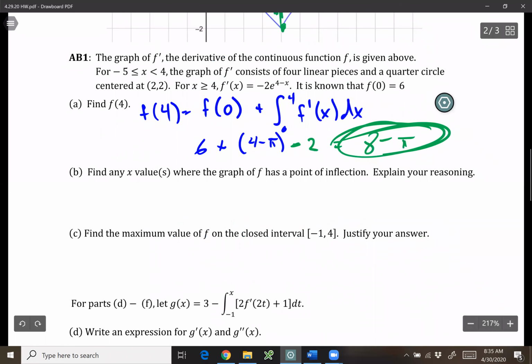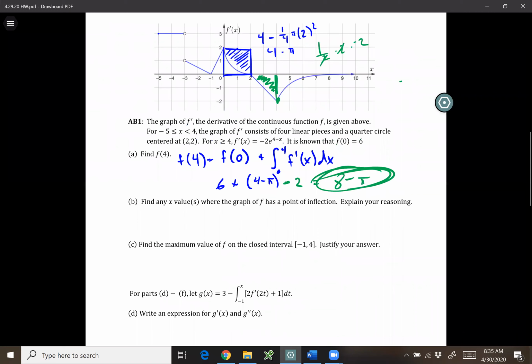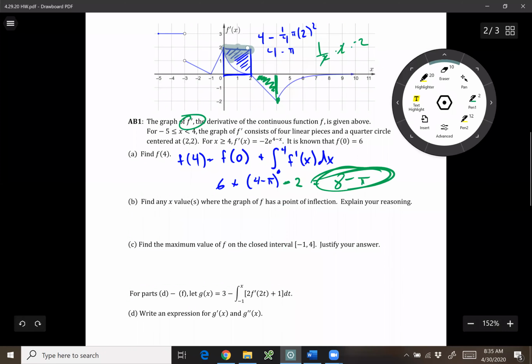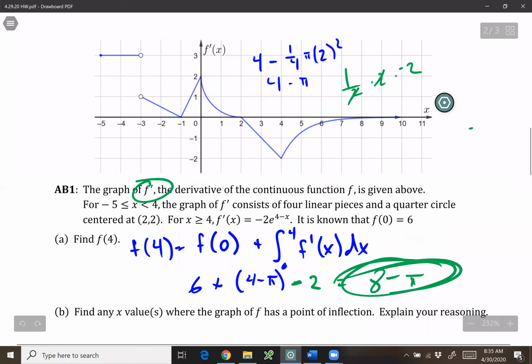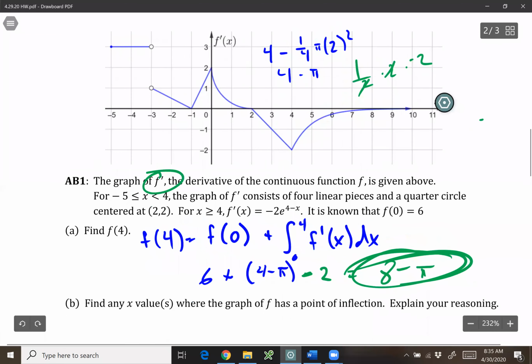All right, B asked, where does this graph have a point of inflection? And it's the graph of f prime. So points of inflection can only occur at those extrema: a local min, a local max, kind of a kink, a local min.